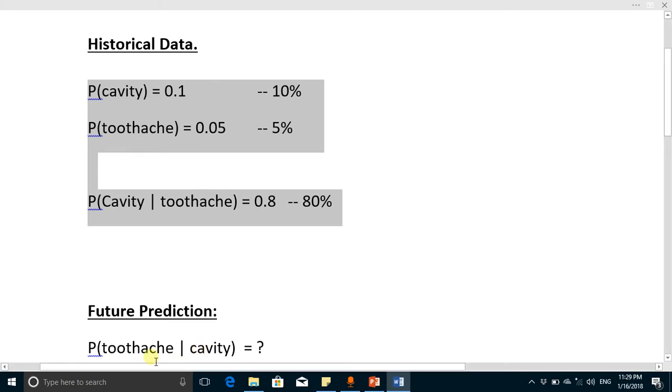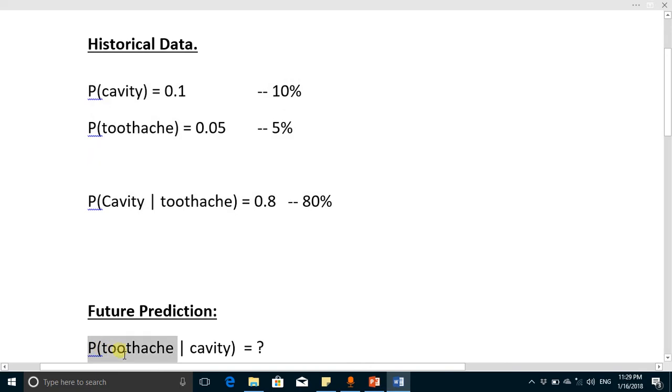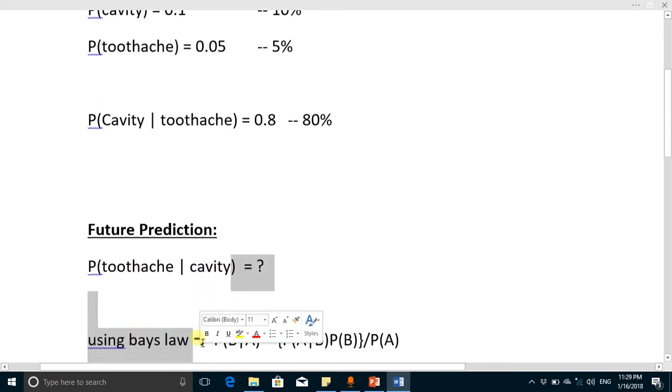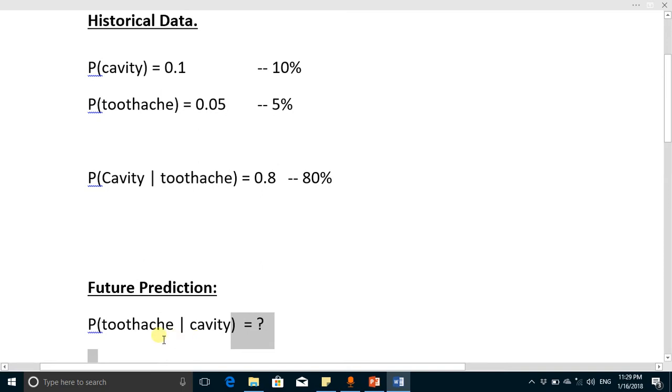Depending upon the answer of this probability, we can decide whether the doctor should give the patient painkiller or not. So the prescription of the painkiller will really depend upon the value of this probability. So let's solve this problem.